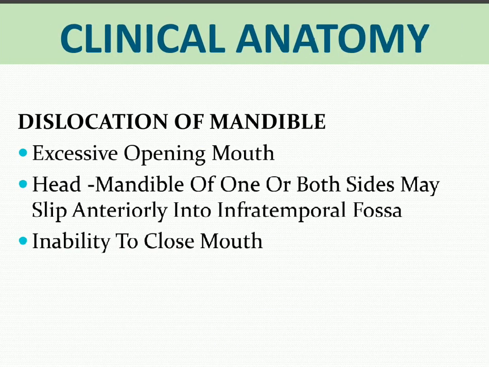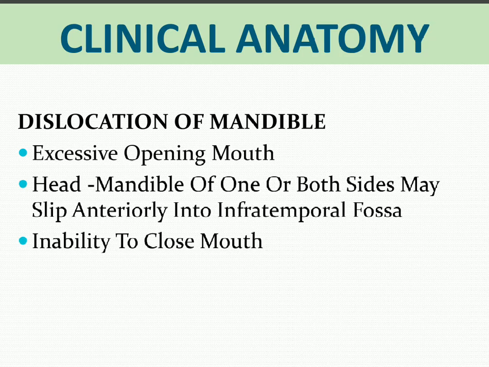A clinical condition associated with the temporomandibular joint is dislocation of the joint. It is possible if there is excessive opening of the mouth, then the head of the mandible of one side or both the sides can slip anteriorly into the infratemporal fossa.